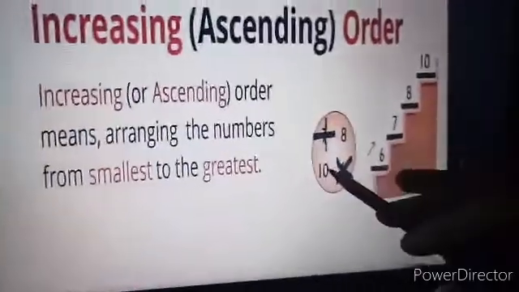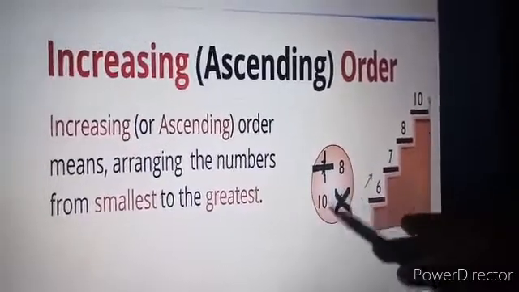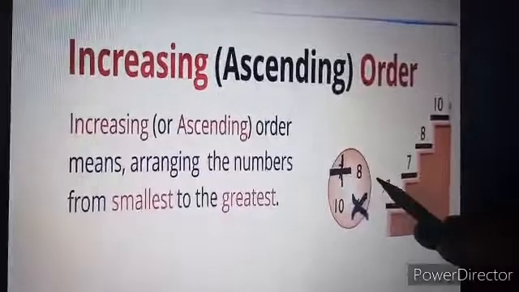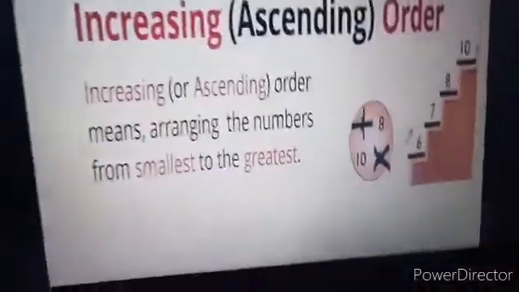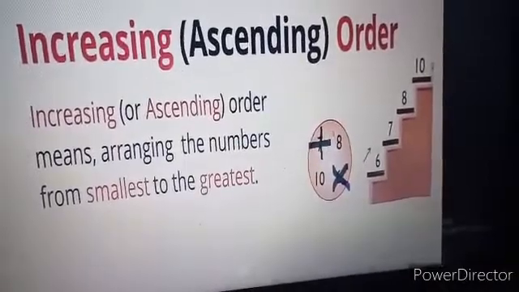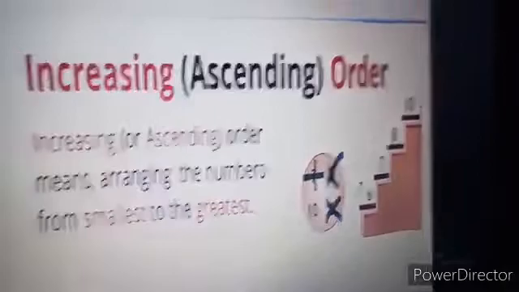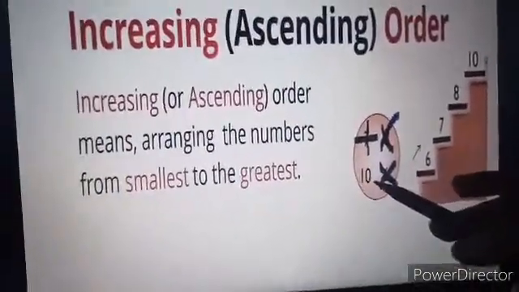Now 2 numbers left, 10 and 8. Now you can say which one is the smallest number in between these 2 numbers? 8. So write 8 in the third step. Okay, and cancel it from the question. Now see the leftover number 10.